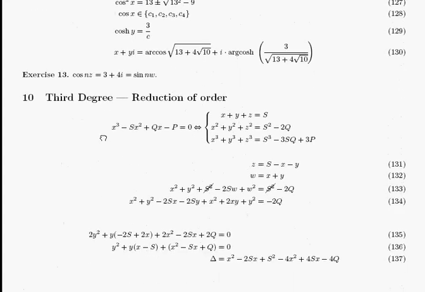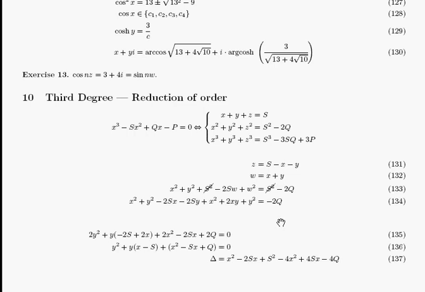Reduction of order. Whenever we solve a cubic equation, we are solving the system of sum of simple sum, sum of squares, and sum of cubes. The solutions x1, x2, x3 are x, y, and z.